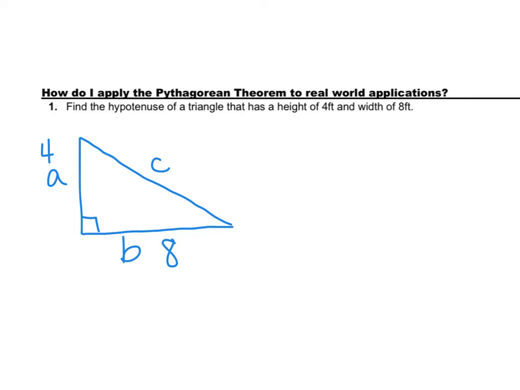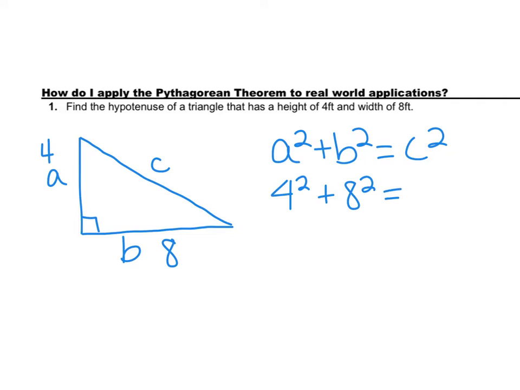So now let's plug this into the Pythagorean theorem and solve. Remember, we have a squared plus b squared is equal to c squared. 4 squared plus 8 squared is equal to c squared. So you'll have 80 is equal to c squared.